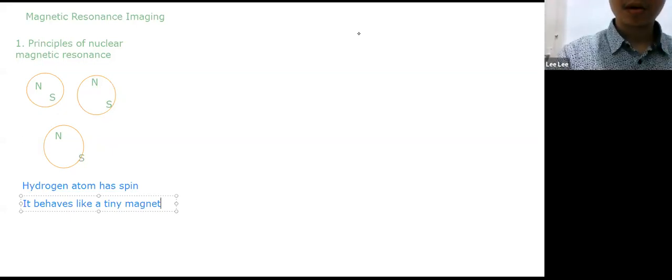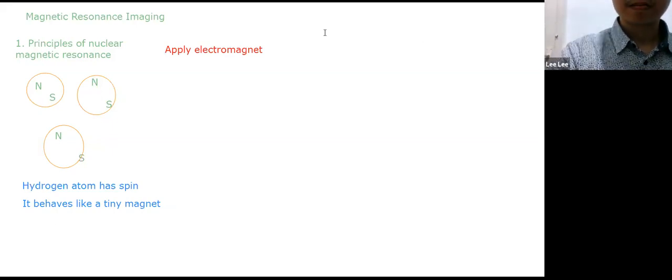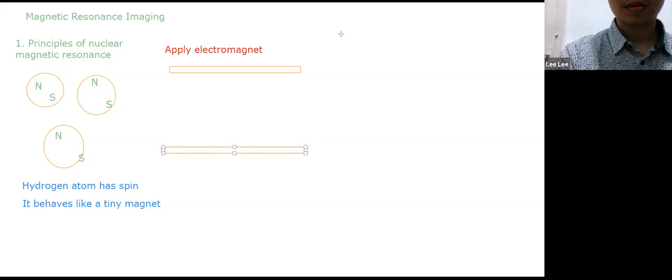Now, we apply the electromagnet. So you know that when the patient lies inside the machine, the electromagnet is switched on. So now you apply the electromagnet already. So what happened is, this one is north, this is south. So you will see the tiny magnet, the spin is being aligned, but not all of them.